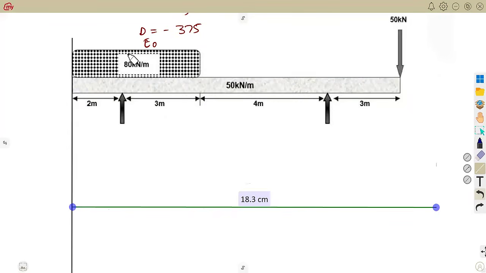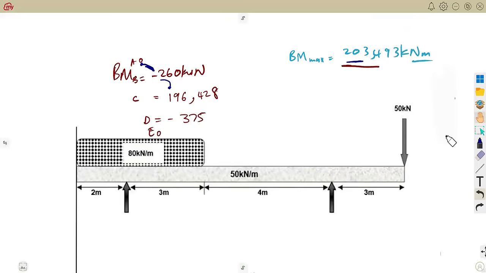So this is it, guys. For the bending moment, we start at our 0 point, which is 0 kilonewton meter. All right. So it went to the negative at B, negative 260.